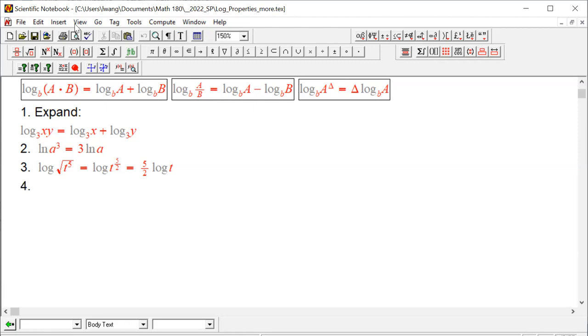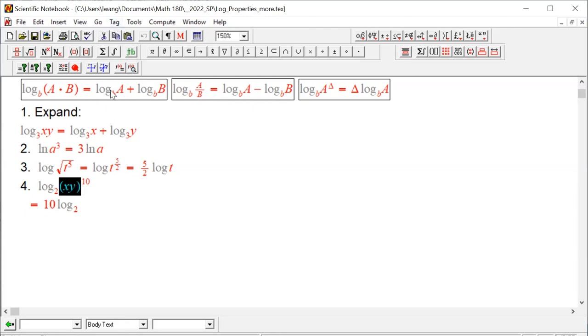Example number 4. We have log base 2 of x times y, and then to the power of 10. How do we expand that? Well, this one would take 2 steps. First, we apply the power rule, so we get 10 times log base 2 of xy.